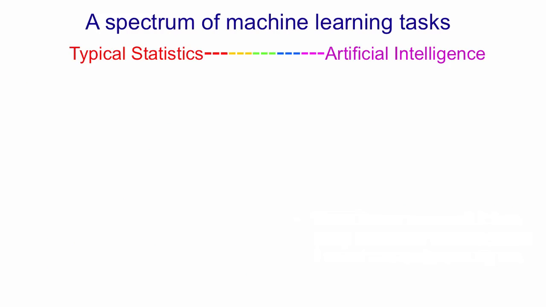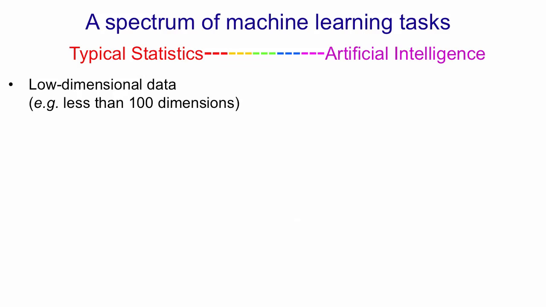So we need to distinguish between different kinds of machine learning tasks. There's ones that are more typical of the kinds of things people study in statistics, and ones that are more typical of the kinds of things people study in artificial intelligence. At the statistics end of the spectrum, you typically have low-dimensional data.